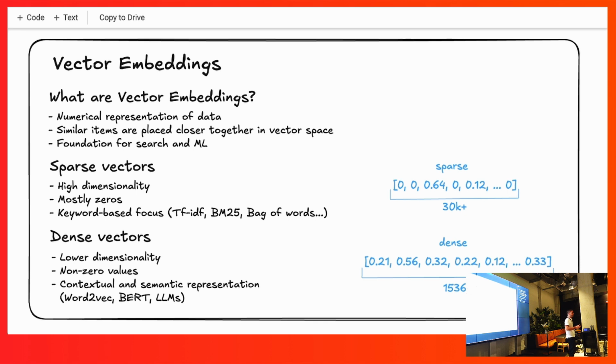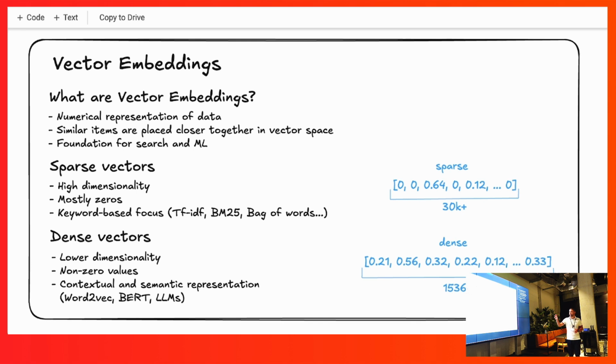So, for example, if we have a vocabulary size of 30,000 words, then the dimension of the vector is 30,000. But most of the values are zeros. Non-zero values are only for keywords that exist in the document. So we have a vector size of 30,000, but we are not bringing enough information and context into the search with that.